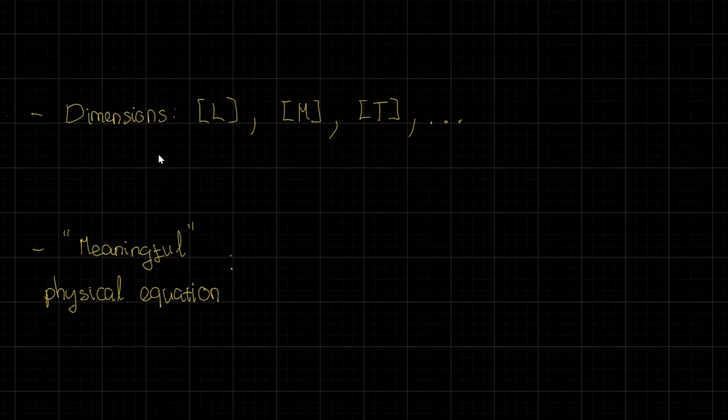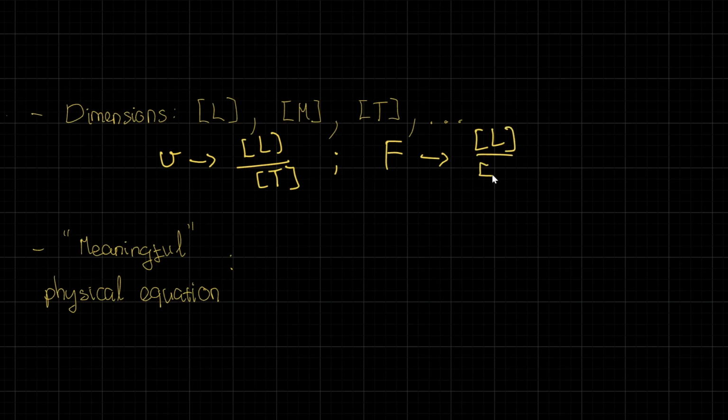So if you want to write the dimension of velocity, it can be L over T, right? For force, which is F equals ma, it will be L over T squared times mass, right? This is acceleration, this is mass.